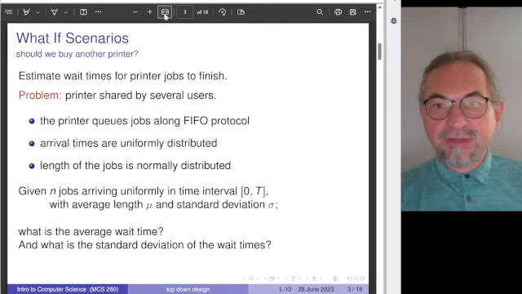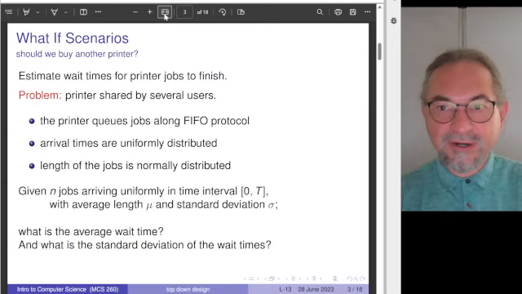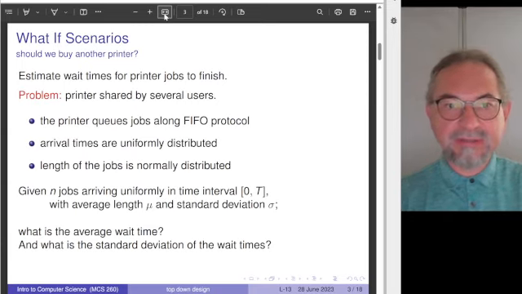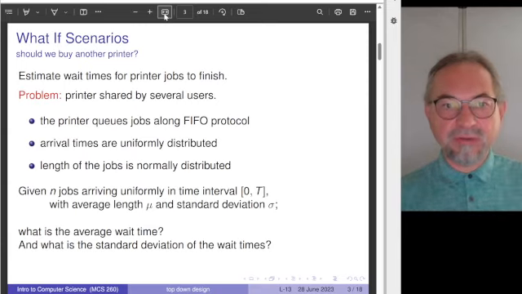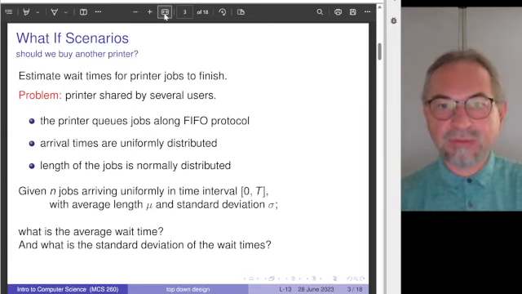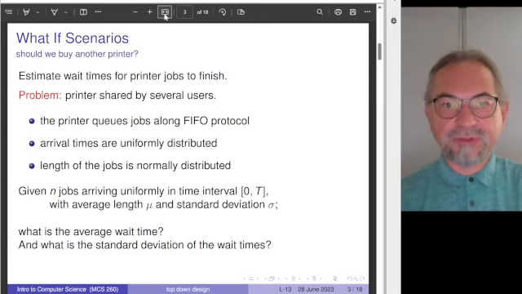Suppose that we are responsible for the IT management and there is a printer that is shared by many users, and we would like to simulate the wait times for printer jobs.